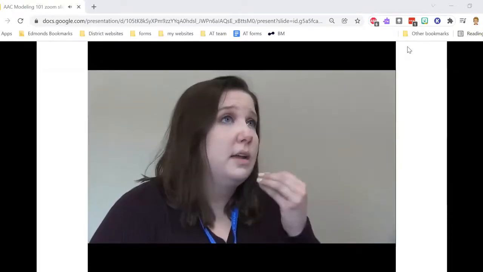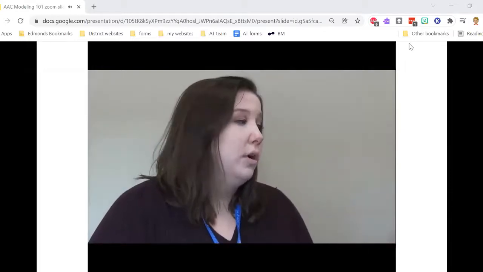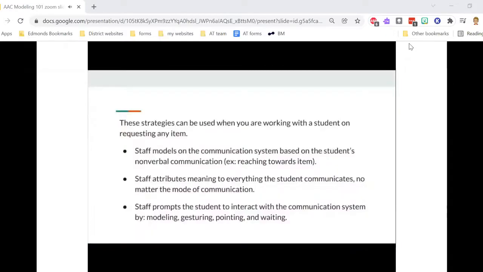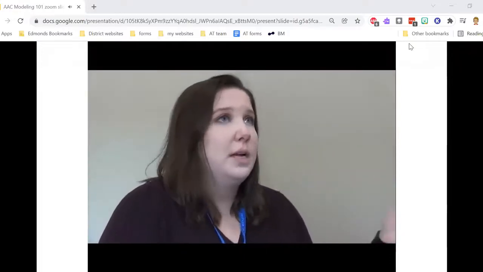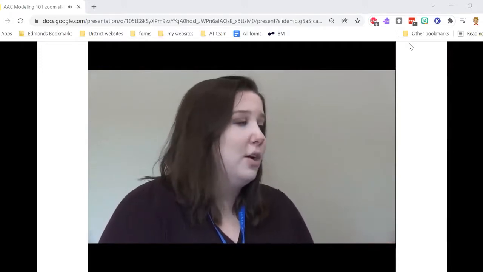So when Sarah approximates a sign for eat, Maggie uses the device to confirm that she understands, oh, you want to eat. And lastly, the way that Maggie prompts Sarah to interact with the device. She provides a gesture prompt or a point prompt, and then gives Sarah a bunch of wait time to give her the opportunity to demonstrate that skill and move through that prompting hierarchy in order to shape the skill of using that target word.